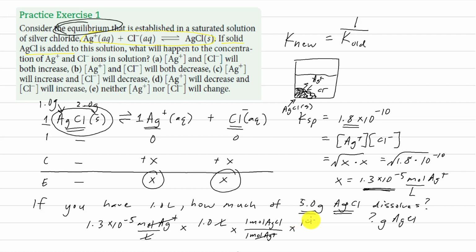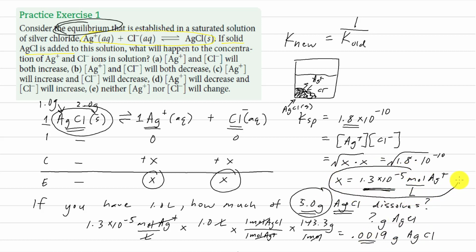I plugged this into my molar mass app earlier: 143.3 grams per mole. And if you calculate this, we get 0.0019 grams of AgCl.